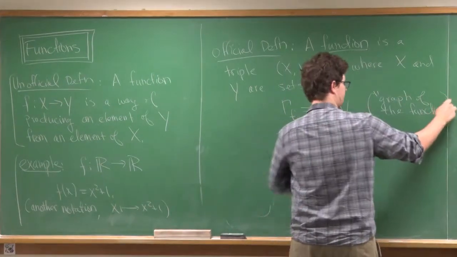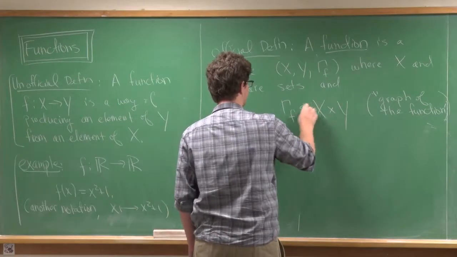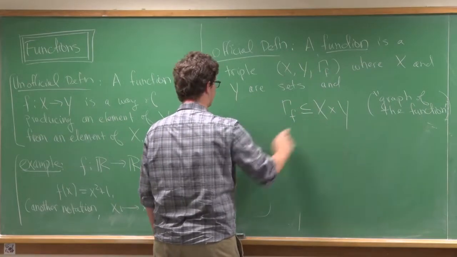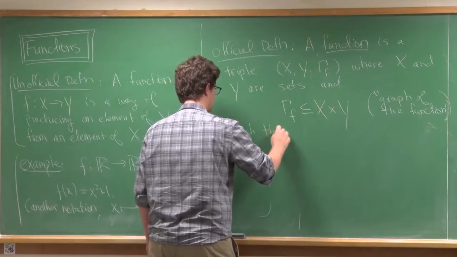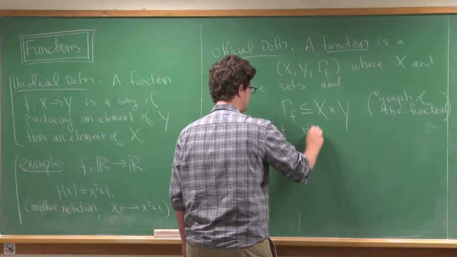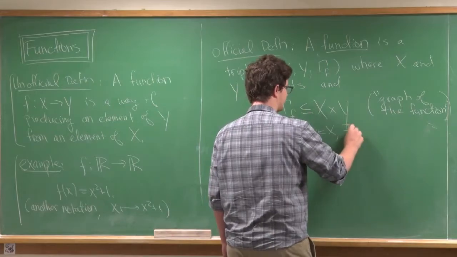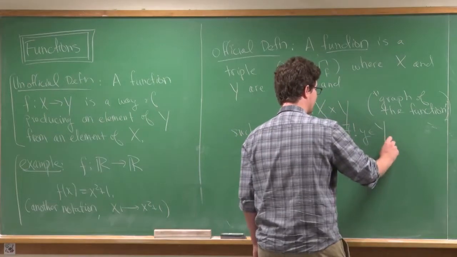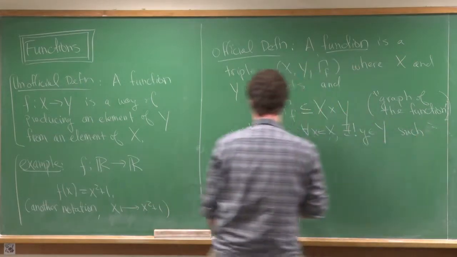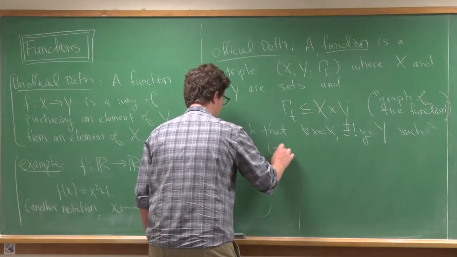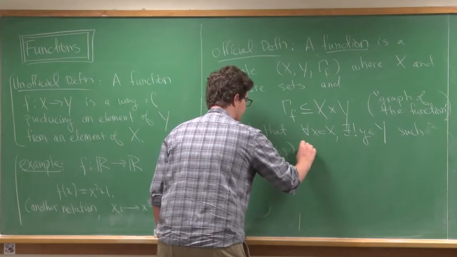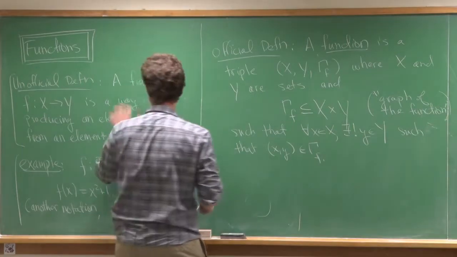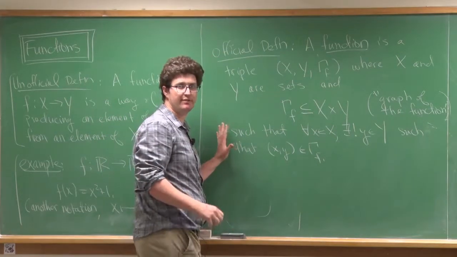Okay, so this is what's called the graph of the function. Sorry, it's a subset of here. So we have the data is 3 sets. This set's in here such that for all x in X, there exists a unique, so this is not a not symbol, there exists a unique y in Y such that (x, y) is a pair inside the graph. Okay, so this is kind of the unintuitive idea, but the official definition. The earlier one is the intuitive idea.